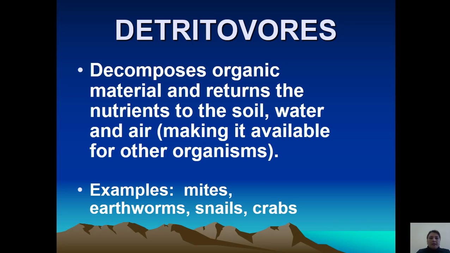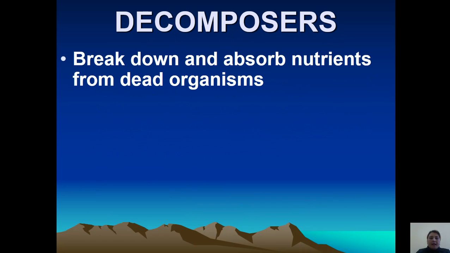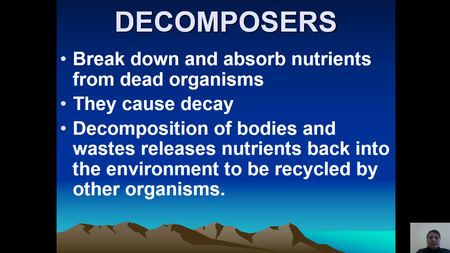Detritivores decompose organic material and return the nutrients to the soil, water, and air, making them available for other organisms. For example, mites, earthworms, snails, and crabs. Decomposers break down and absorb nutrients from dead organisms, and they cause decay and decomposition of bodies, and the wastes release nutrients back into the environment to be recycled by other organisms.